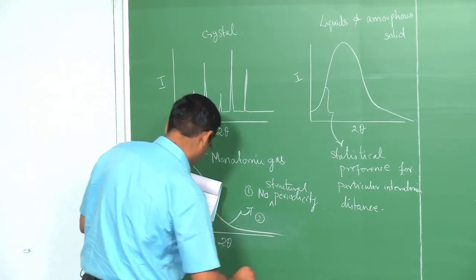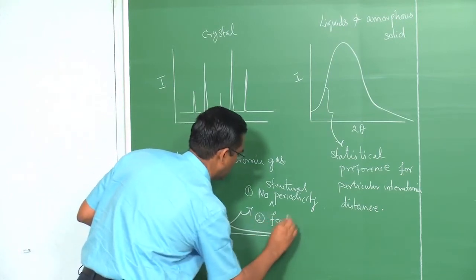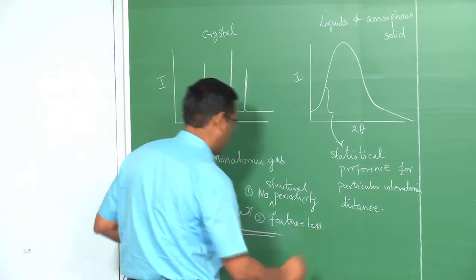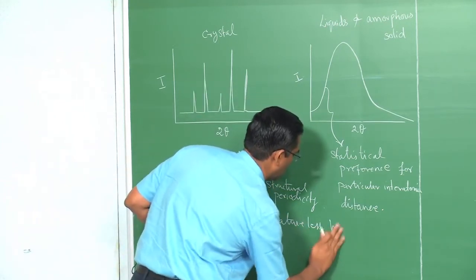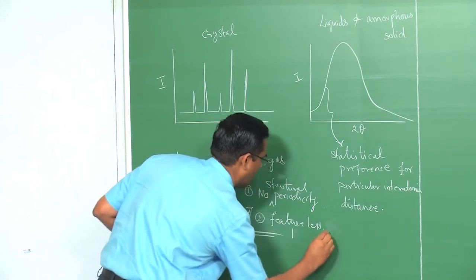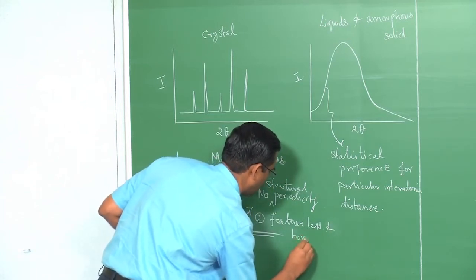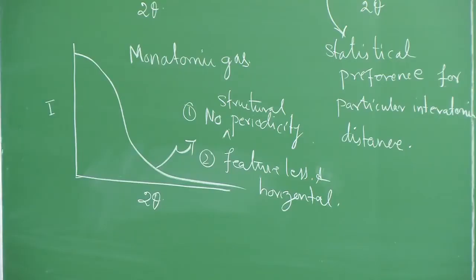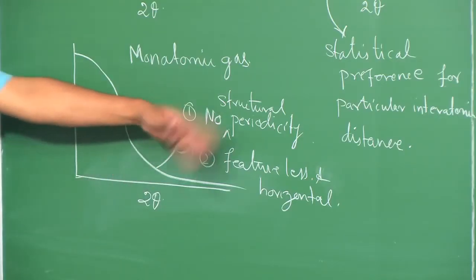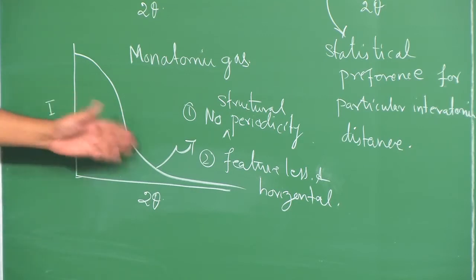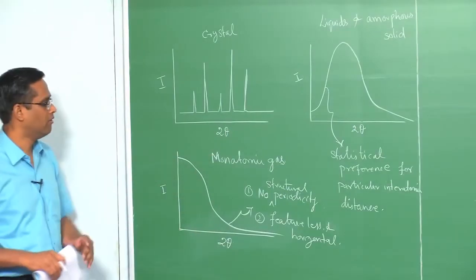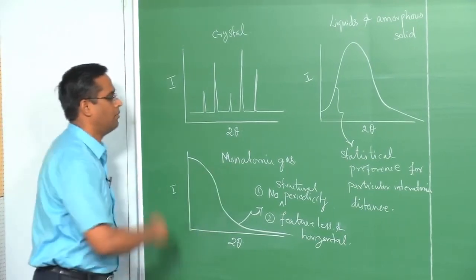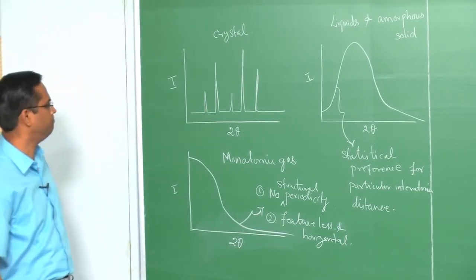Point number 2 is that it is featureless, horizontal. Since it does not have any structural periodicity, you will have a featureless curve like this that you will obtain for a monatomic type of gas.